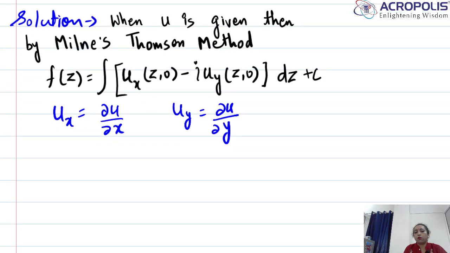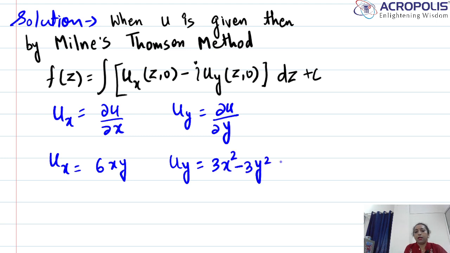So first we will differentiate u with respect to x. So ux is equal to 6xy, and the derivative of y becomes 0 as the differentiation is with respect to x. And similarly, if I differentiate u with respect to y, we will get 3x square minus 3y square.